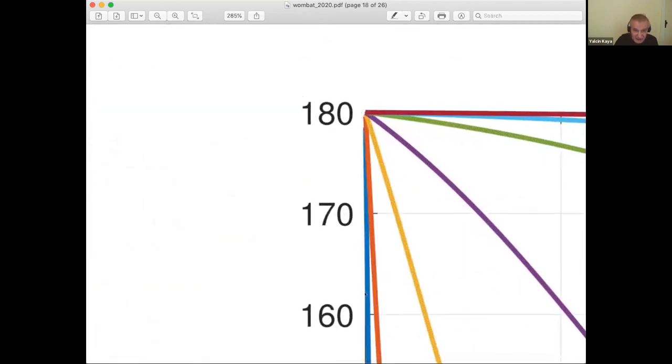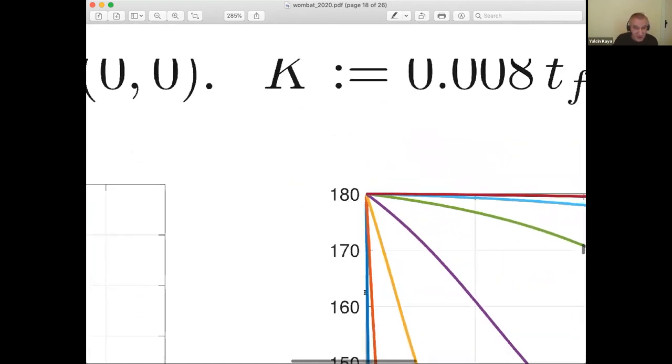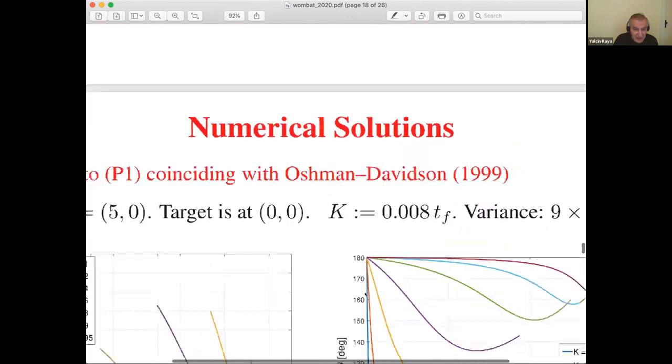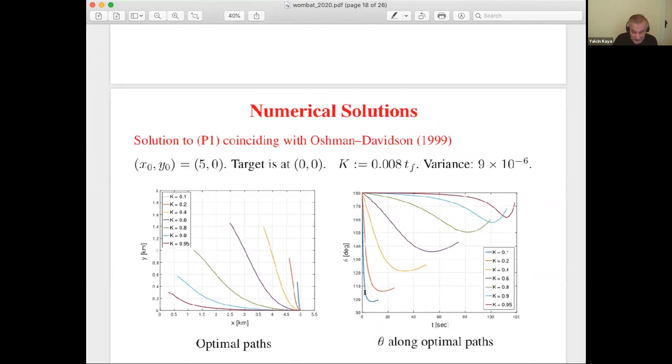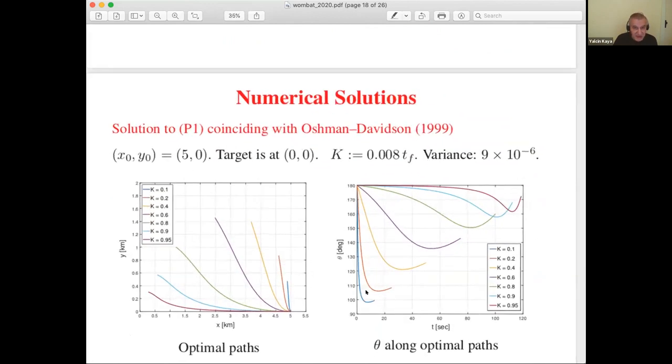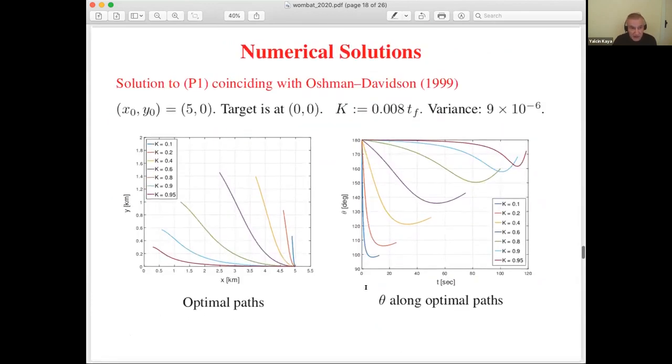This is insane. No physical system can achieve this change of heading. No vehicle can change heading in a split second in that manner. So that justifies imposing the constraint. Also, the optimal solution appears to be always starting at 180.